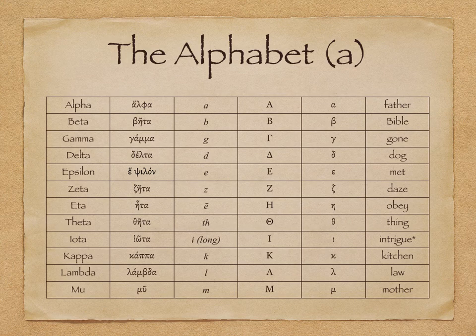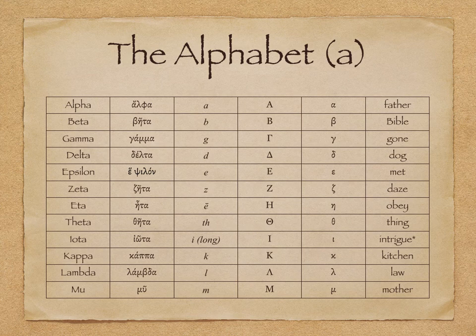Notice the eta in the capital letter looks like an English H, and in lowercase like an English N, but it's eta, A. Theta, as in thing. Iota, E as in intrigue, with the long I, intrigue.